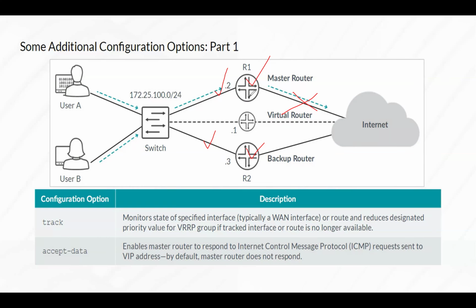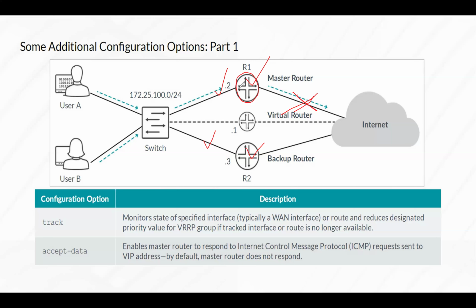In that case, router 1 does not sense that this link goes down, unless VRRP is configured with the upstream. If you configure VRRP with the upstream or internet service provider, in that case, R1 automatically detects it.